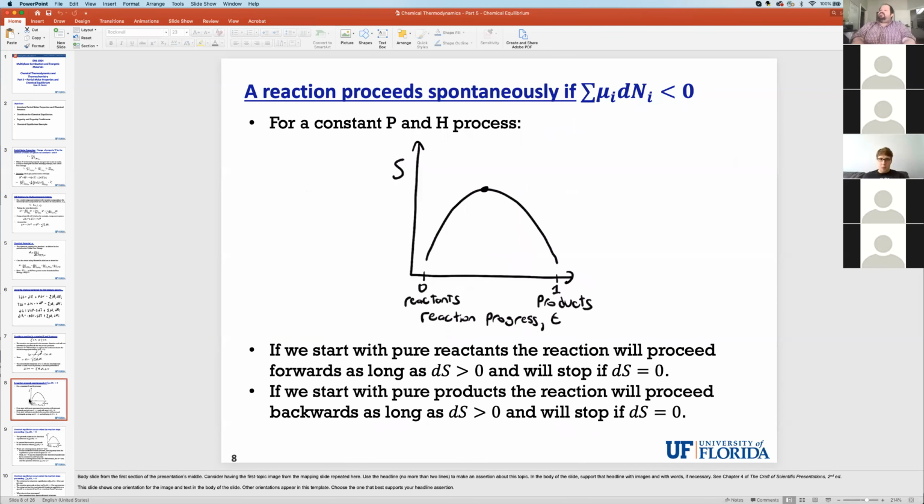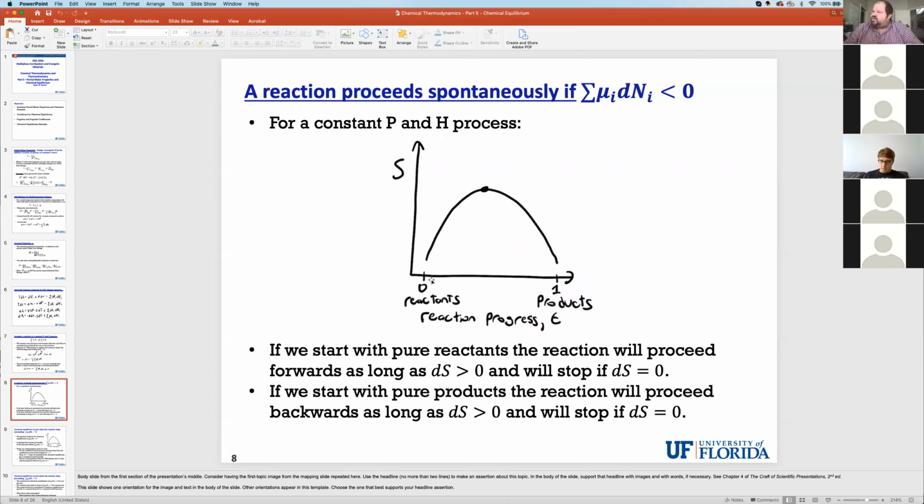So if I plot that, for a constant H and P process, we can plot the entropy as a function of the reaction progress, and we'll be dealing with a variable epsilon called the reaction progress variable. It's just a variable. It is dimensionless.